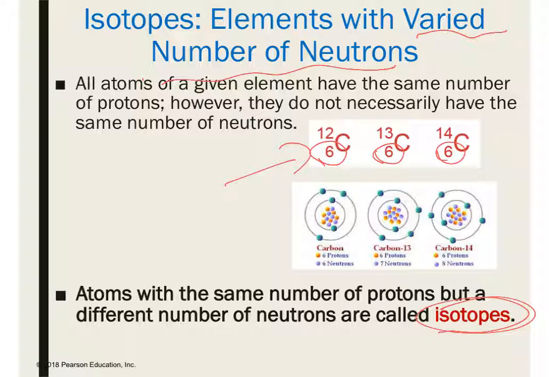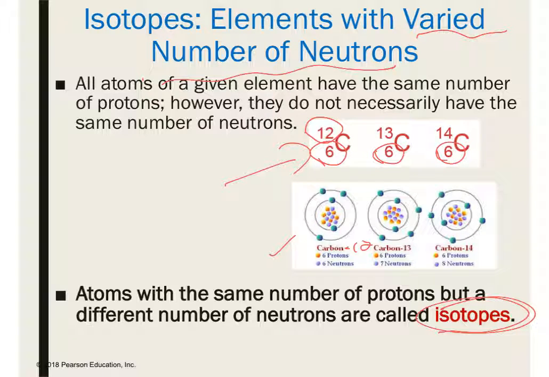So here's carbon showing its 3 isotopes. Since they're all carbon atoms, they all have 6 protons, but the number of neutrons is different.